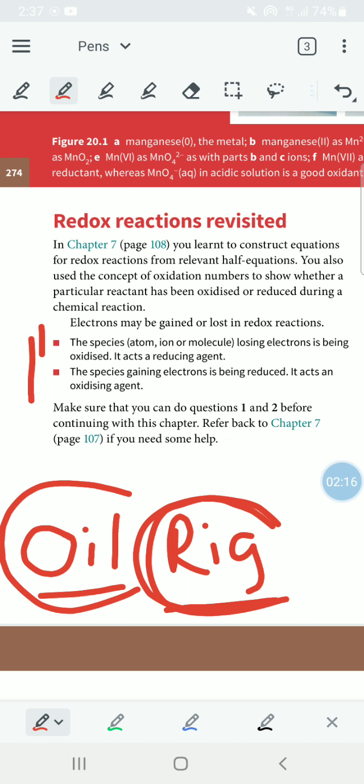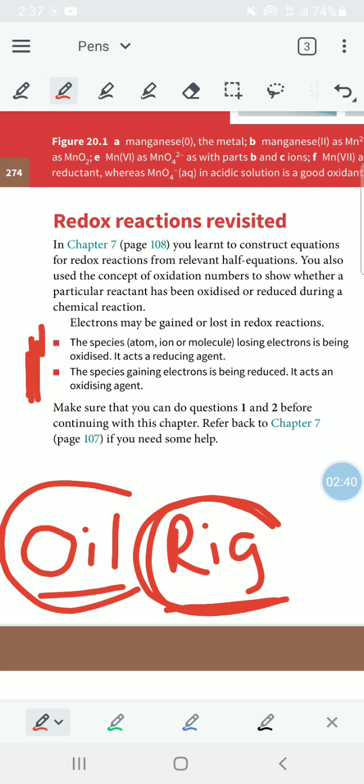I suggest you write these two sentences to understand what reduction and oxidation is. Write these two equations as sentences. The species, atom, ion or molecule losing electrons is being oxidized. It acts as a reducing agent. Then the species gaining electrons is being reduced.